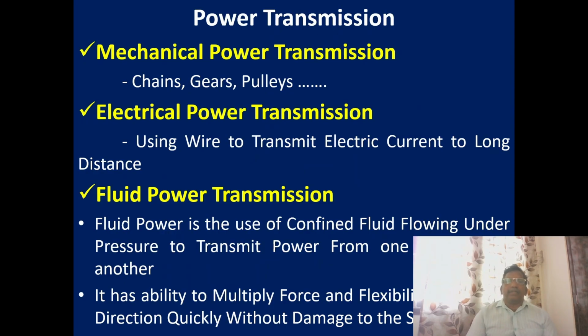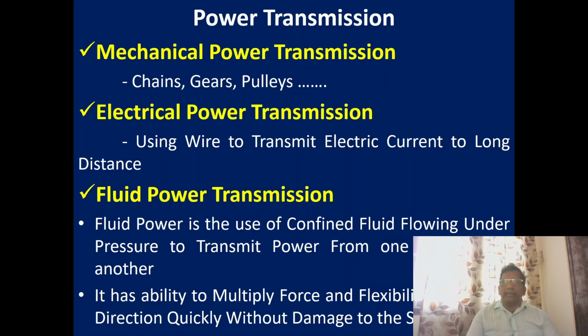In our industries, power transmission is mainly done by mechanical, electrical, and fluid power. In mechanical transmission, we use chains, pulleys, gears, and cams to transmit power. Electrical transmission uses wire to transmit electric current over a long distance.